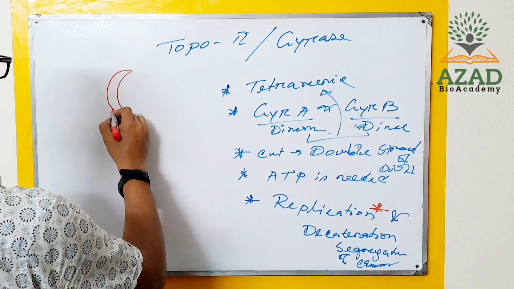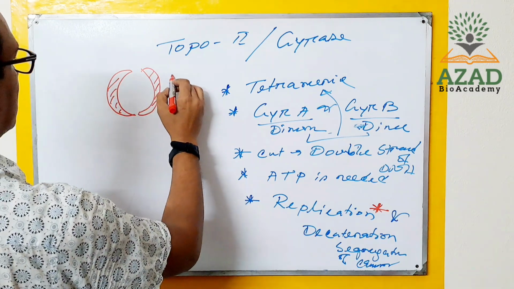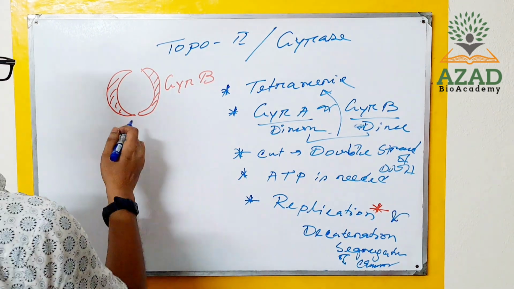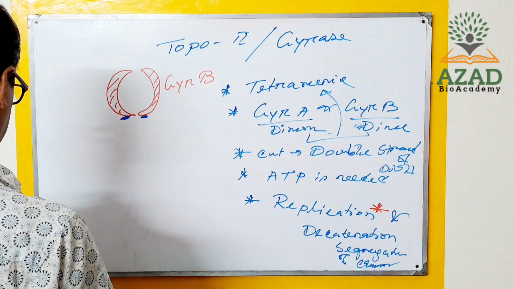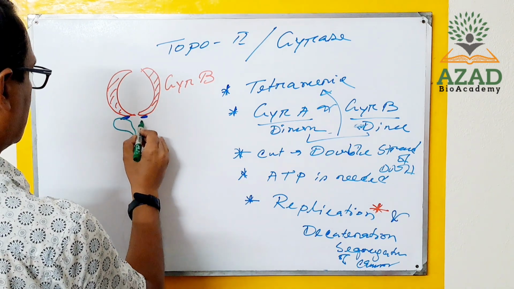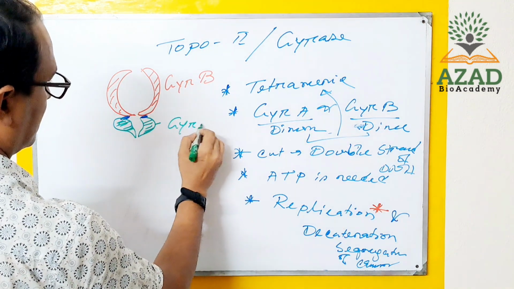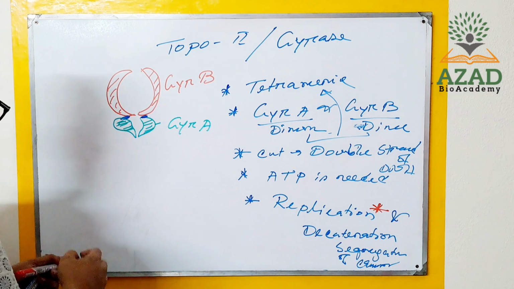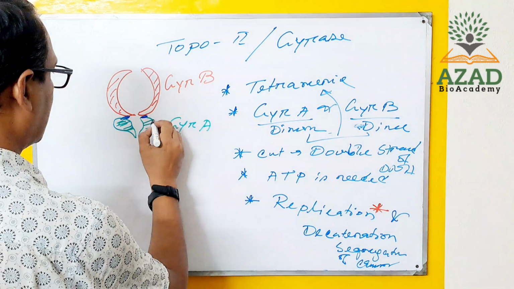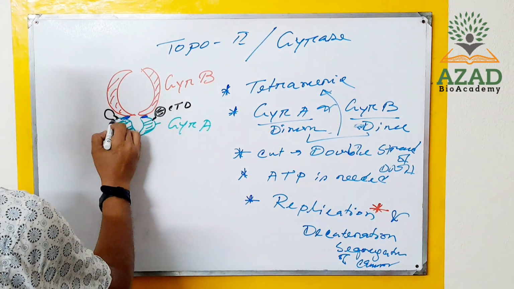So this is one subunit, the upper part subunit, and this is called gyrase B. Okay, and here another subunit is there, that is gyrase A, and within this another domain, the C-terminal domain, is attached to that gyrase A, and here is the C-terminal domain.